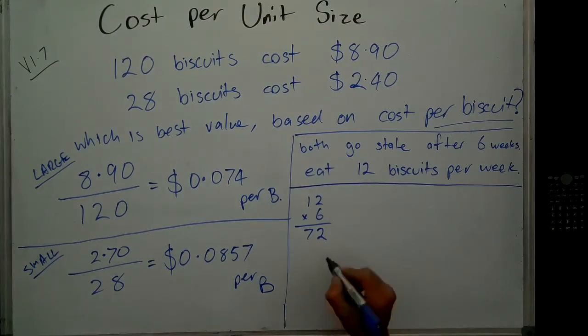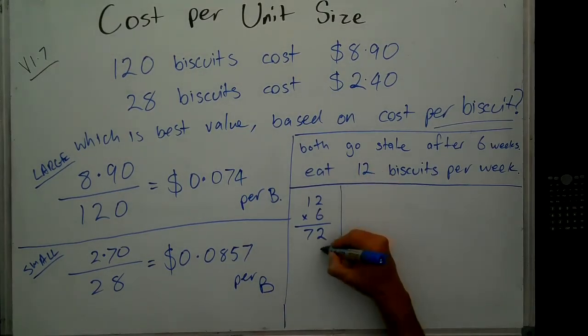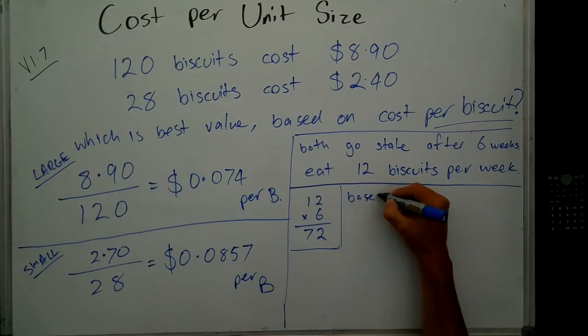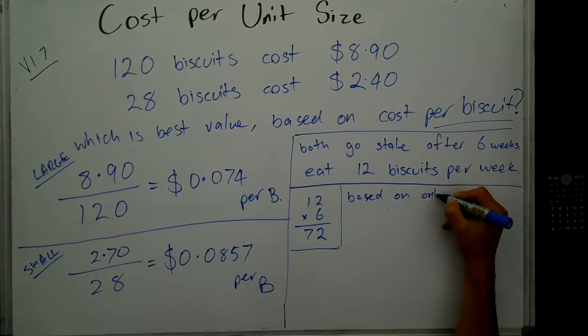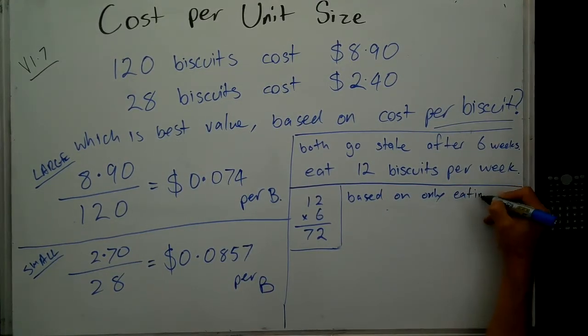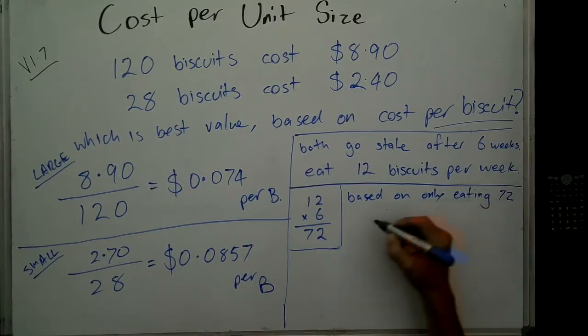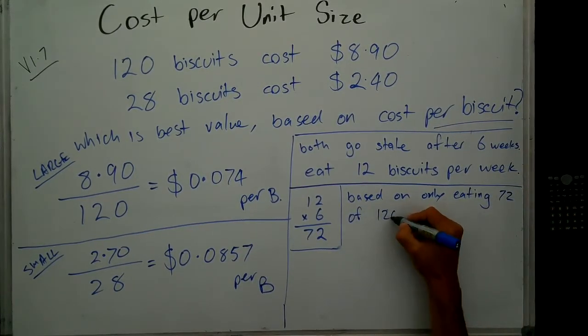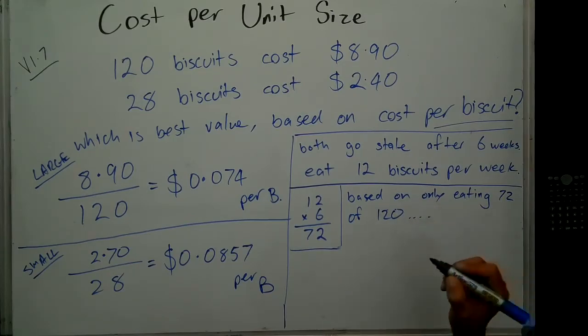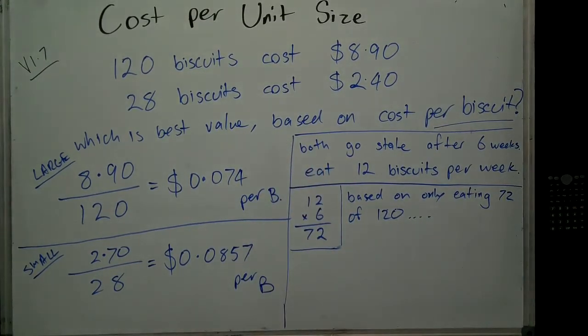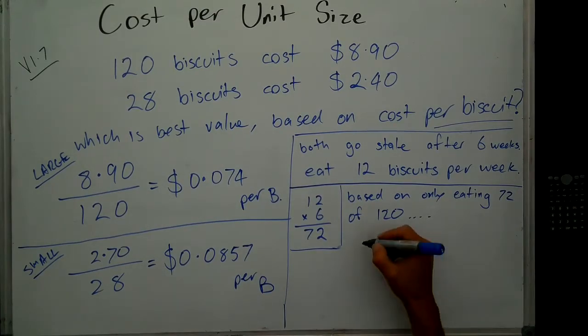So based on this, only eating 72 of 120, we're going to end up with a different price. And now I'm going to recalculate.